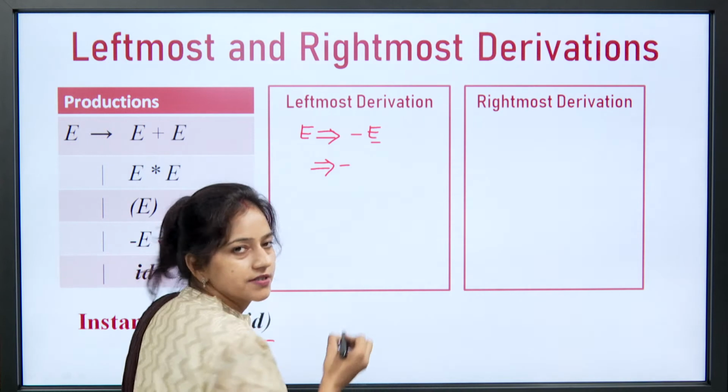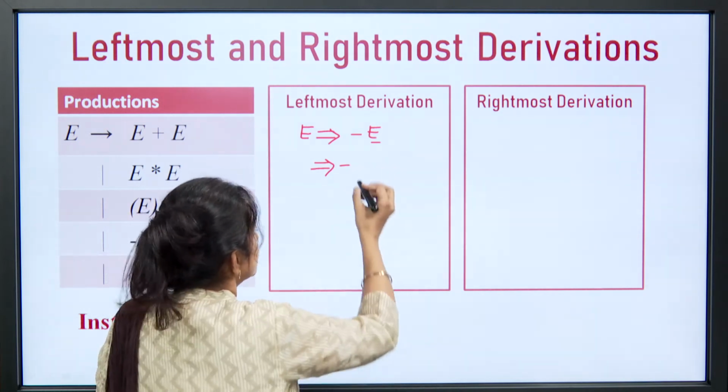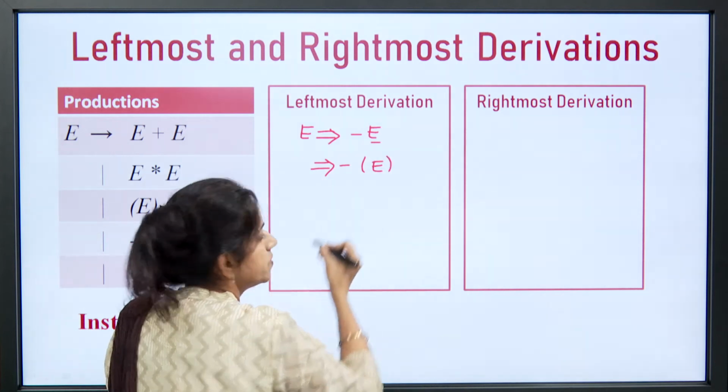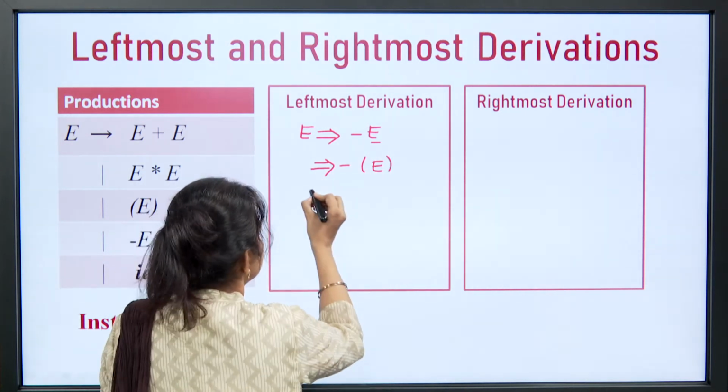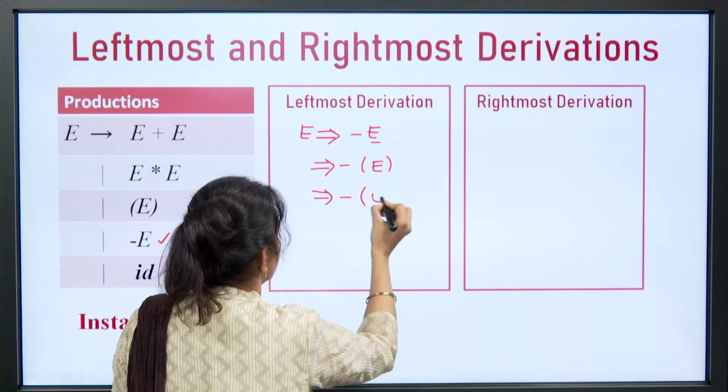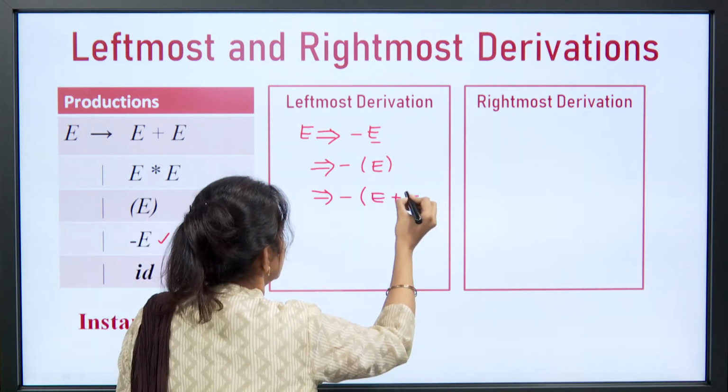So, this is the first non-terminal E. Now, this should be replaced with opening parenthesis E and closing parenthesis. Now, next is this one, and this E should be replaced with the first alternate, that is E plus E.